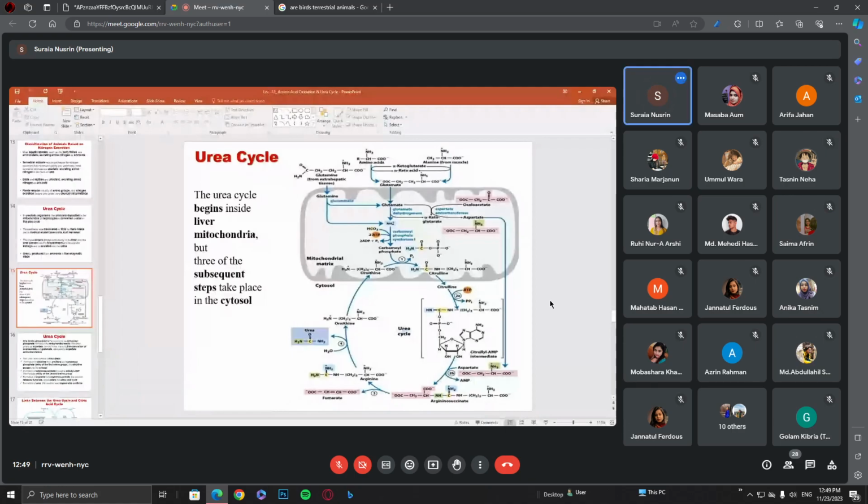Yes, oxaloacetate. So you get it then. Okay, now if I ask you, what is the keto acid of alanine? Pyruvate.